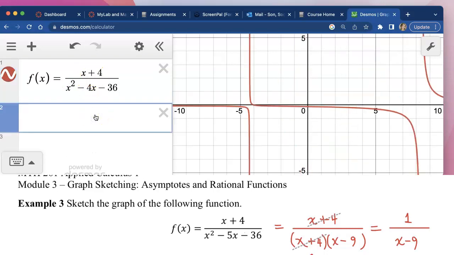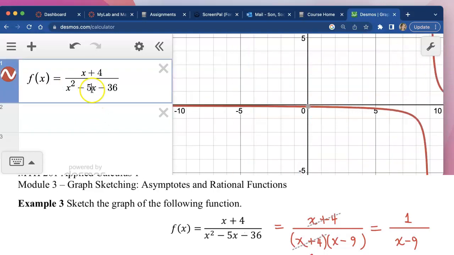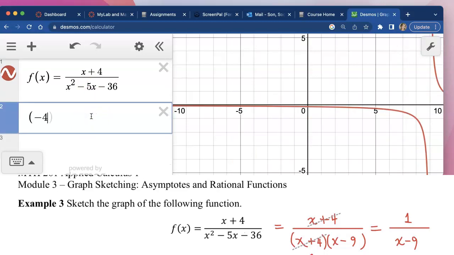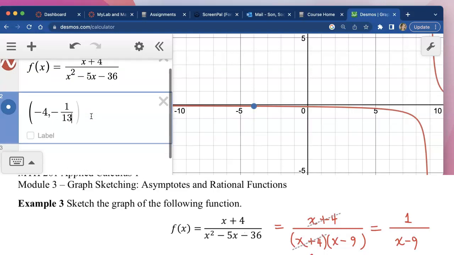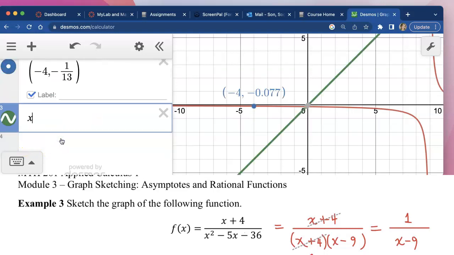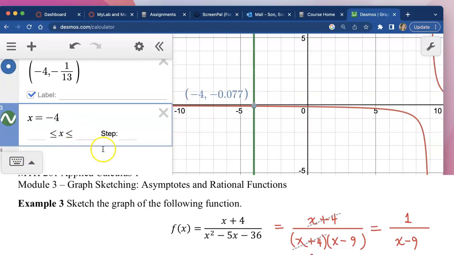I have a typo, sorry, let's change that to 5. We have a hole at negative 4, negative 1 over 13. And I do think there is a vertical asymptote at x equals positive 9.